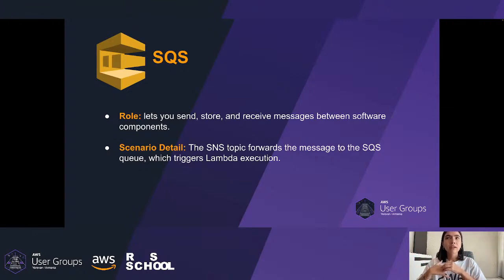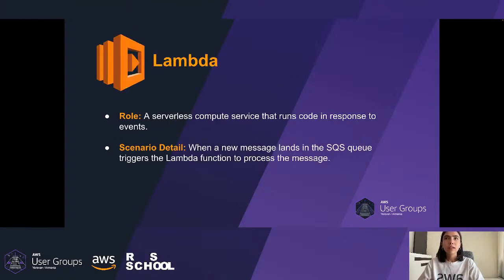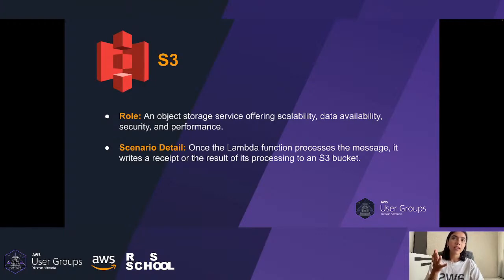Our SQS queue is subscribed to the SNS topic. The Lambda function is our lovely serverless compute service provided by AWS. In our case, the Lambda function will be triggered by the SQS queue whenever there is any kind of update. As mentioned before, it will process the data received from SQS and upload some file to the S3 bucket. S3 is a storage service offered by AWS.